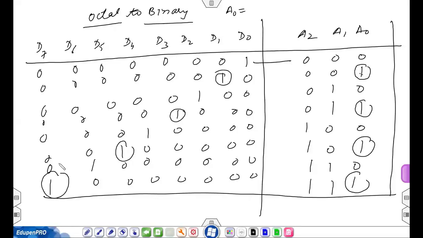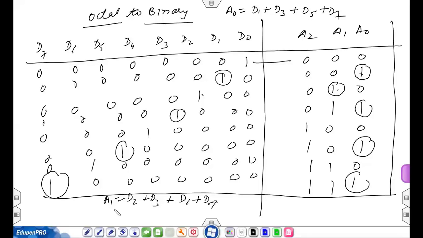So how you can write A0? A0 is equivalent to D1 plus D3 plus D5 plus D7. Similarly, you can write A1 and A2. What will be your A1 here? Here your A1 is 1, so you can write it as D2 plus D3 plus D6 plus D7.